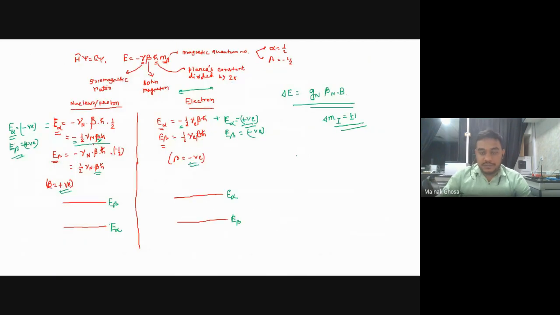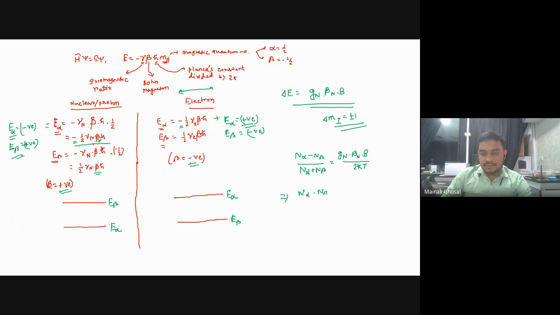Here the discussion is about the population of the alpha and beta levels, and it was shown that this ratio, where N alpha and N beta denote the population of the alpha state and beta state, can be written as e to the power g_n beta_n B divided by 2kT. This expression was derived using the Boltzmann distribution.